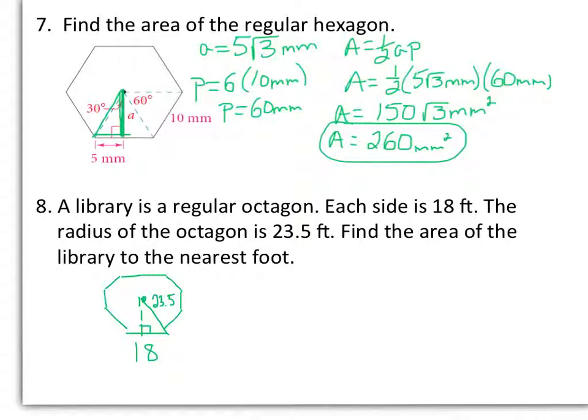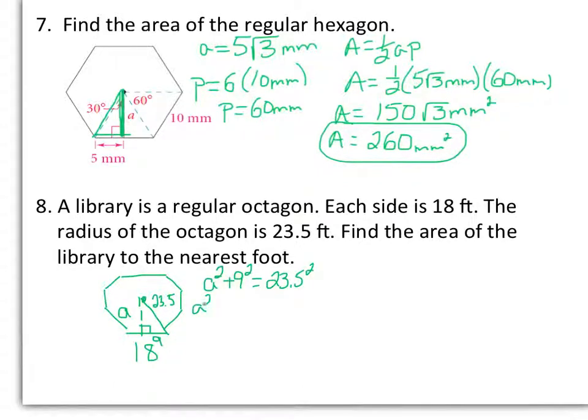Okay, let's continue our triangle by drawing in the apothem. So there's our right angle. This is the side that we want to find. Now, the apothem also cuts the base in half, so this side now is 9. So if we know 2 of our 3 sides in a right triangle, we can use the Pythagorean theorem to find our third side. So I want to solve for a. So a squared plus 9 squared equals 23.5 squared.